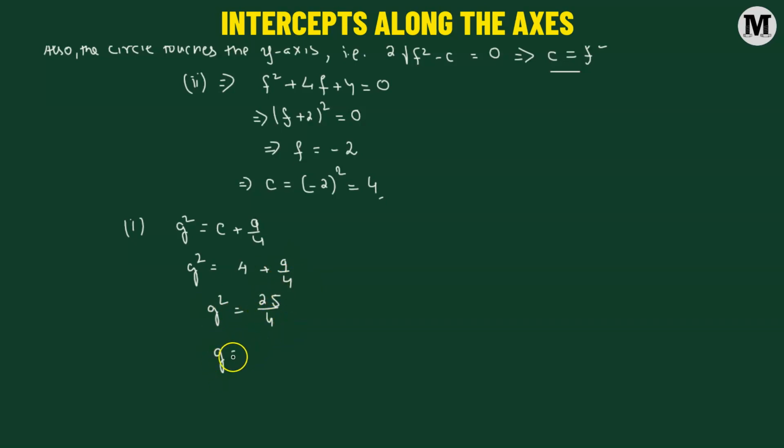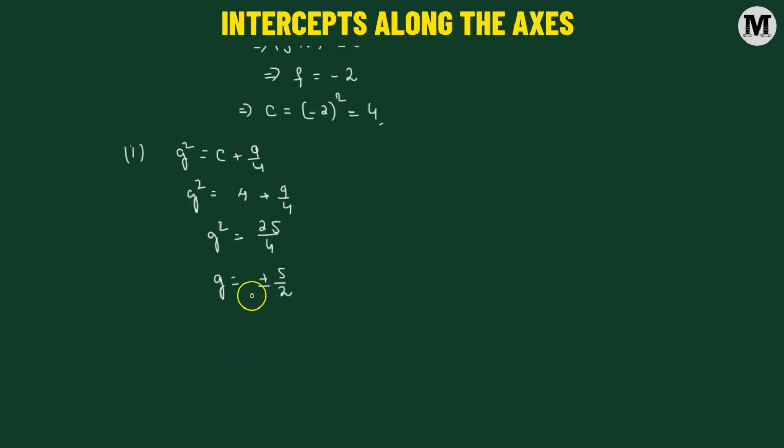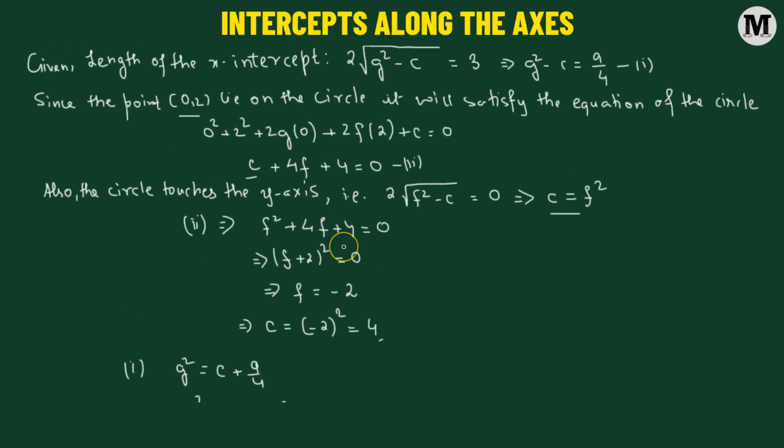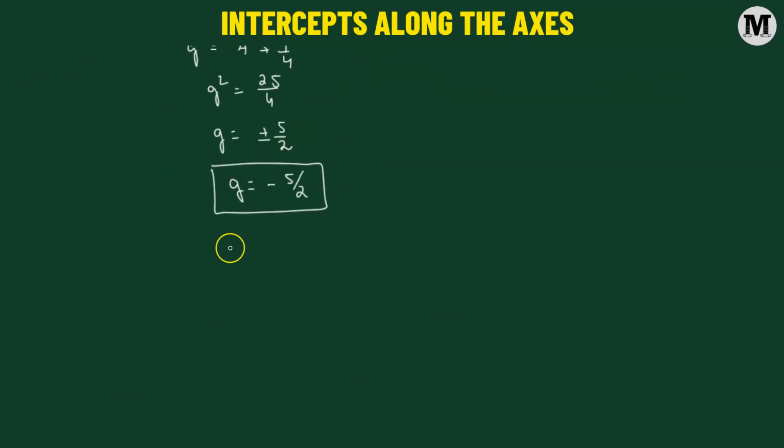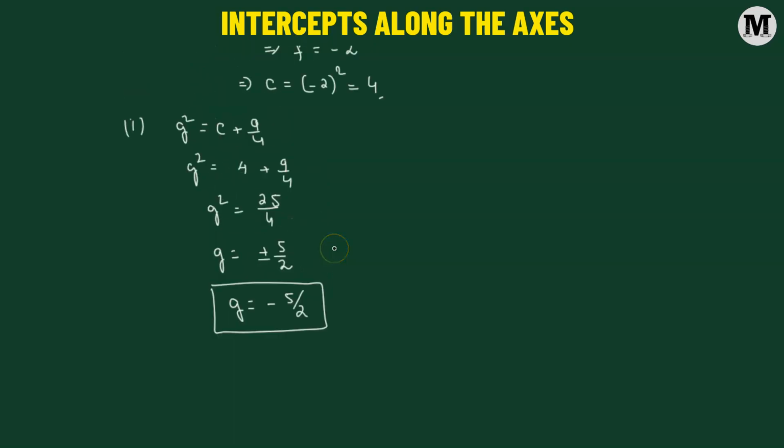So g will be equal to plus or minus 5 over 2. Although we have two values of g, we will consider only the negative value, that is g equals negative 5 over 2, because there's a condition given that the circle has an x-intercept in the positive direction of the x-axis. If it has an intercept of 3 in the positive direction of the x-axis, then the g value must be equal to negative 5 over 2.